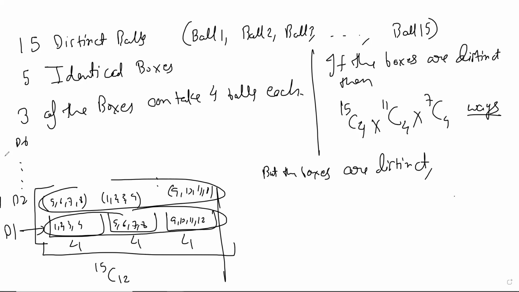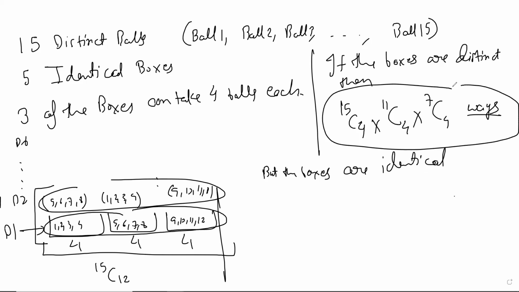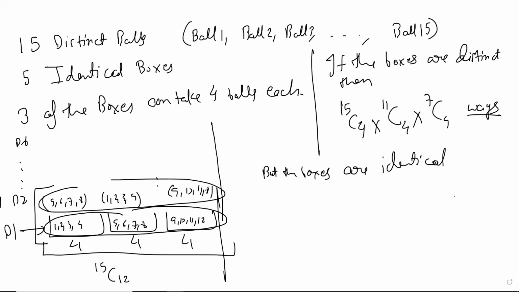But in the identical case, I've written things wrong again, the boxes are identical. Initially the boxes are identical, but to solve the problem we are considering that the boxes are distinct. If the boxes are distinct, then there are this many ways in total. But if we pick one of those ways, for example 1, 2, 3, 4, 5, 6, 7, 8, 9, 10, 11, 12, then I can shuffle and create 6 different distributions.